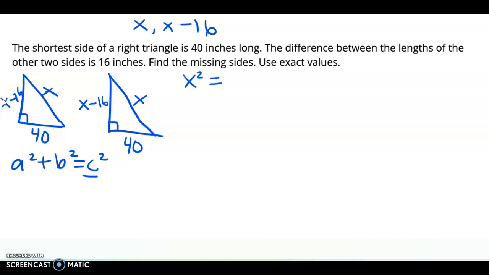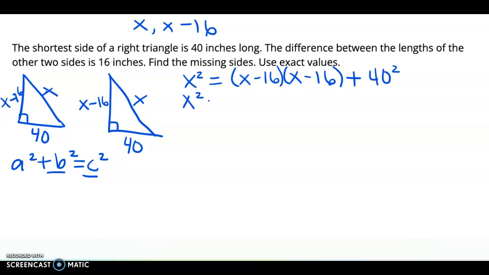x squared equals a squared. We'll call that x minus 16 squared, which is the same as x minus 16 times x minus 16. And then plus our b squared, which would be 40 squared. Okay, so let's go ahead and multiply this out.